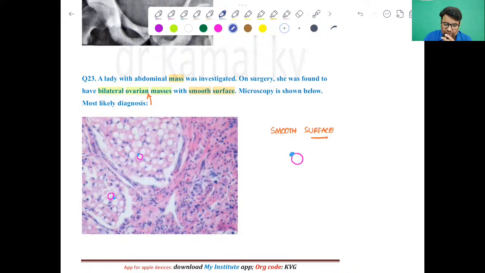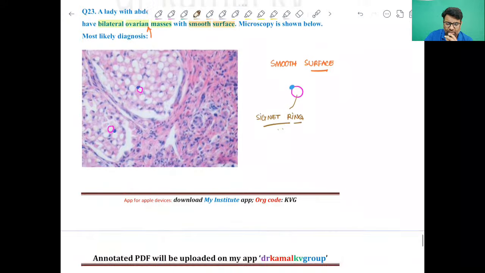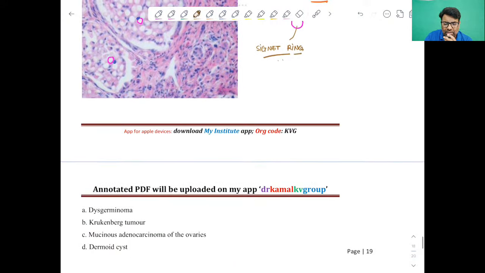This is a ring appearance. So smooth surface of the ovaries, and these are actually known as signet rings. Signet ring appearance on biopsy of ovary, what can be the tumor here?